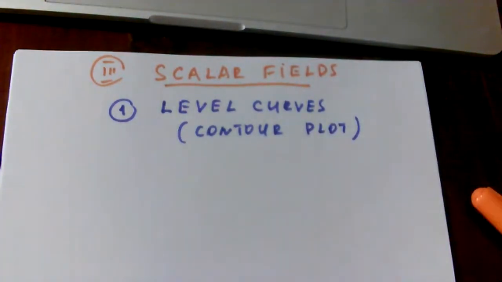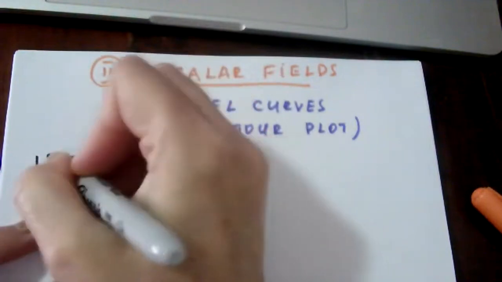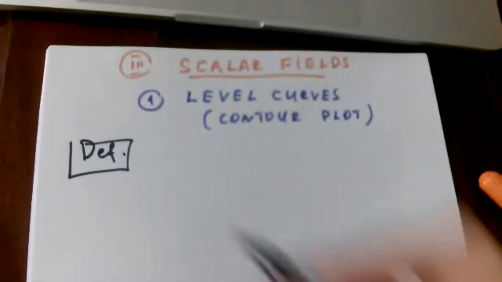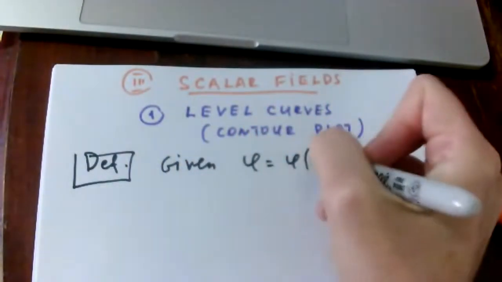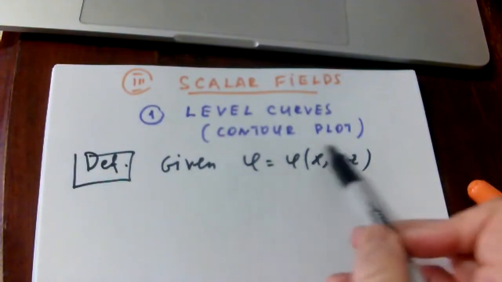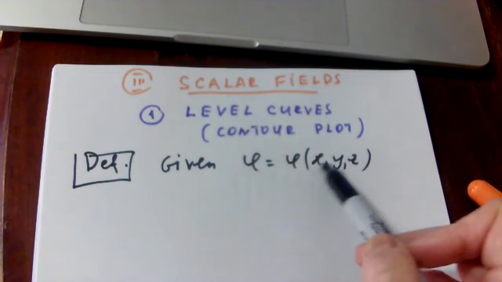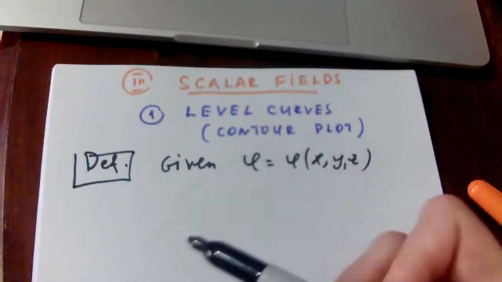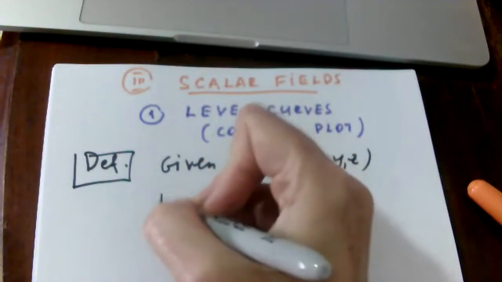The definition sounds extremely easy. It goes like this. You're given some scalar field. Notice that I'm not using the old words. The old words were scalar function. Now it's better to use scalar field. So we are given a scalar field, and what is then a level curve?